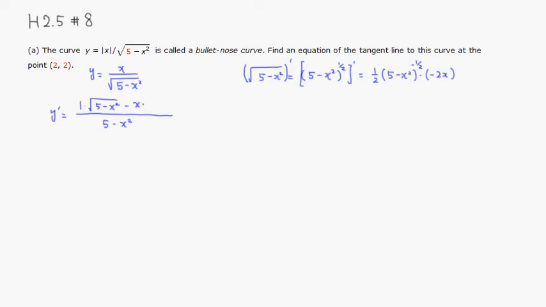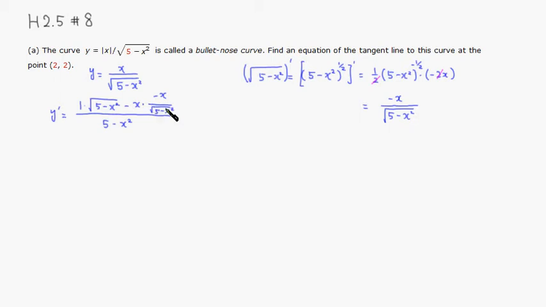Then we can cancel the 2 on the bottom and the 2 on top, and you get negative x over, since it's a negative power, 5 minus x squared on the bottom with a 1/2 power, so it's a square root. So you have negative x over square root of 5 minus x squared.